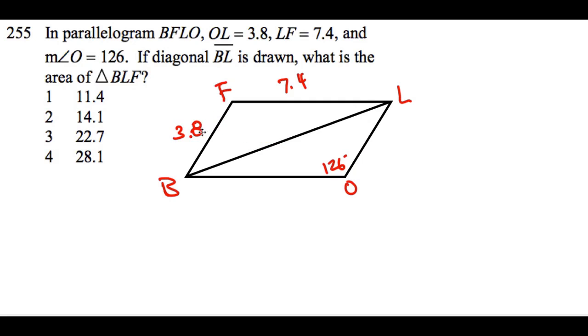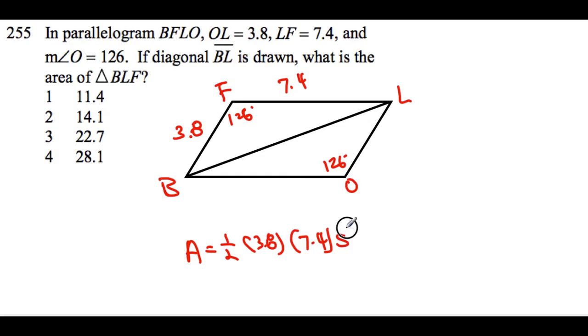I'm going to move this one to this one, and then here I'm going to assume that the angle here is 126 because opposite angles are the same. Then all we have to do is, since I'm looking for that particular triangle, our area still has to have 1/2. A is 3.8, and then B is 7.4 times the sine of 126 degrees.